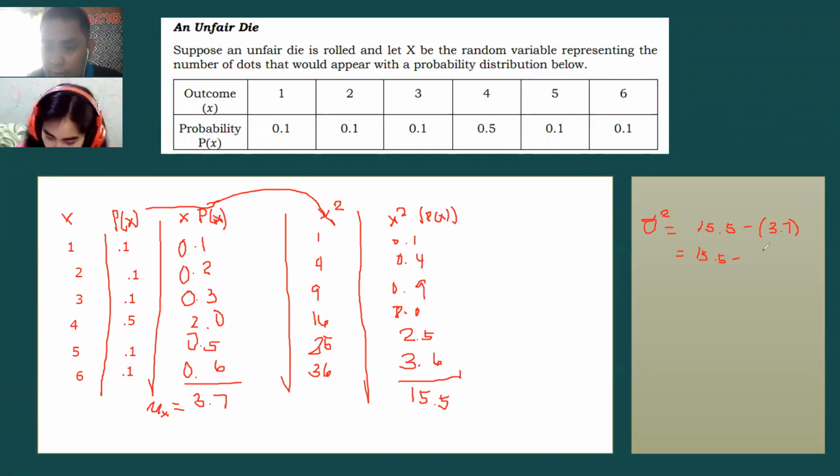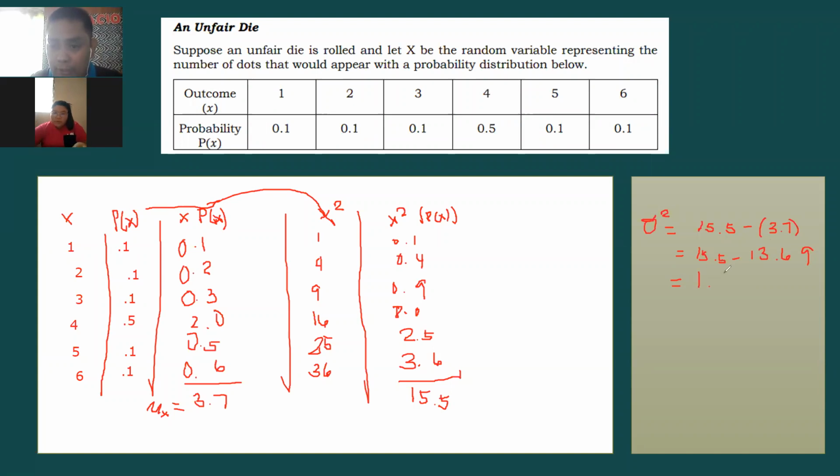That's 13.69. So 15.5 minus 13.69 is 1.81. That's correct. So that is our variance. And let's find our standard deviation. Our standard deviation is the square root of 1.81. What is the square root of 1.81? That's 1.35.